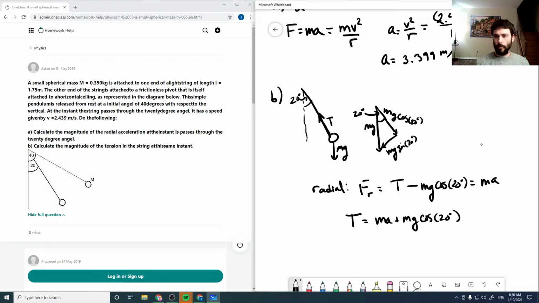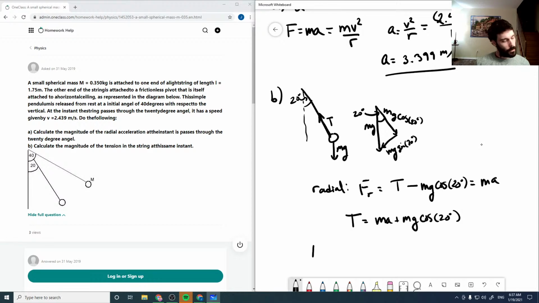And recalling too that the acceleration we calculated is radial acceleration, so it will be in the direction of the tension, so it should be positive. Just to double check some of our directions there.